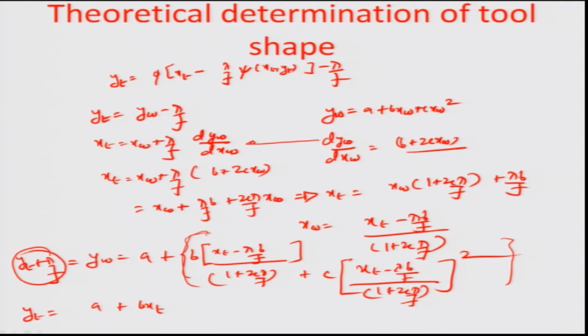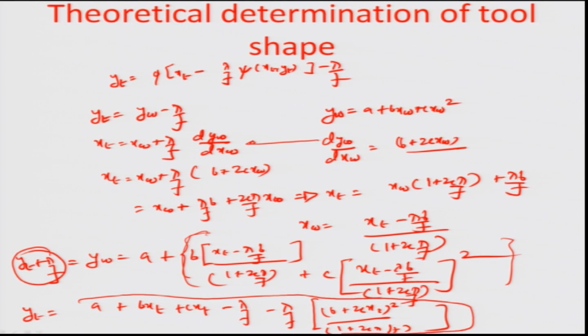So in this particular case I can get a plus b x_t plus c times x_t minus lambda by f times the term b plus twice c x_t, squared, divided by 1 plus twice c lambda by f. This is more like an approximate solution for y_t, equal to this whole expression. So I can now predict the relationship between the y's and the x's on the tool surface, given the functional relationship on the workpiece surface.